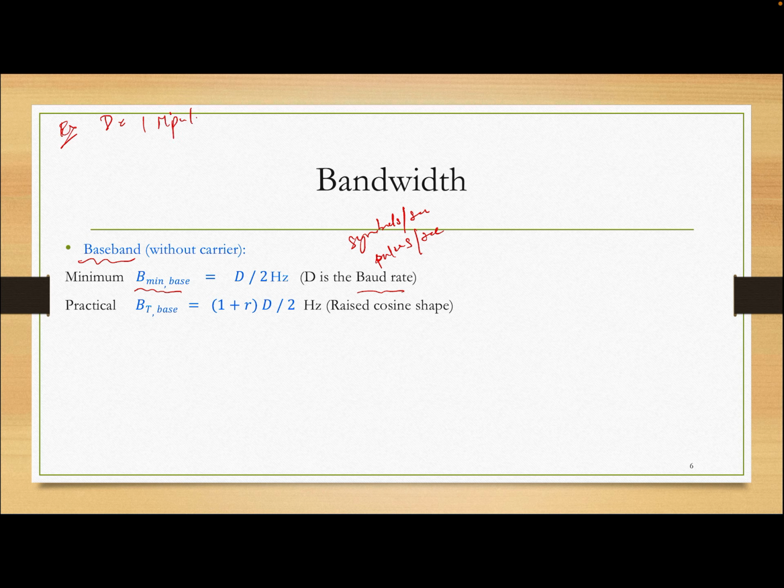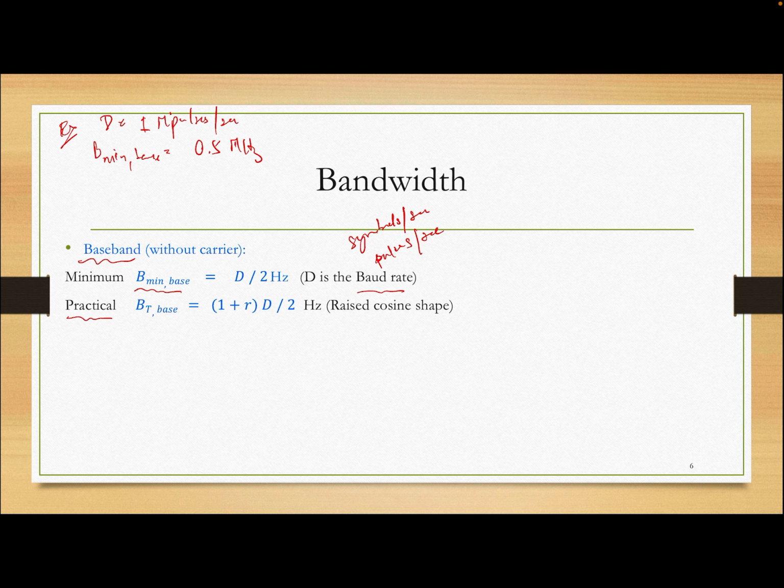For example, if D equals 1 megapulse per second, the minimum bandwidth you can send for baseband is D over 2, so 0.5 megahertz.